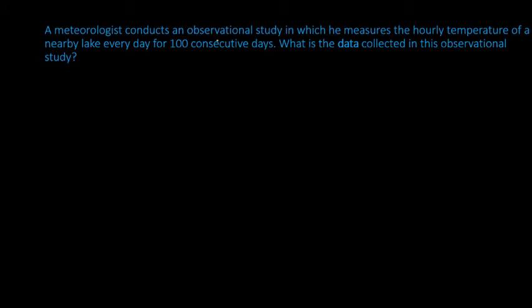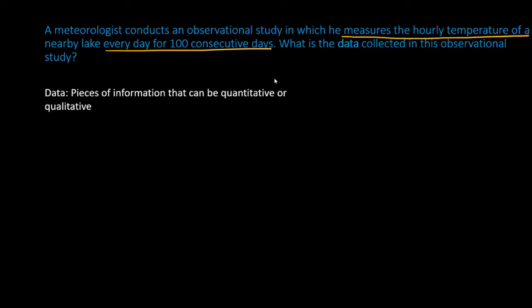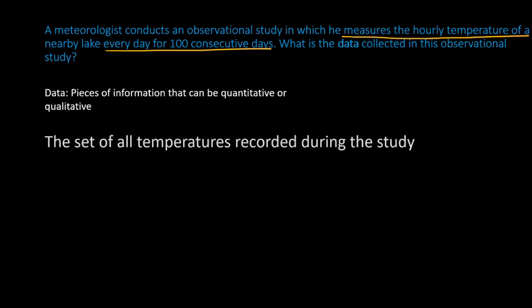Our data, pieces of information, is the set of all temperatures recorded during the study. So every temperature reading for every hour for 100 days all add up to be our complete data set for the study.